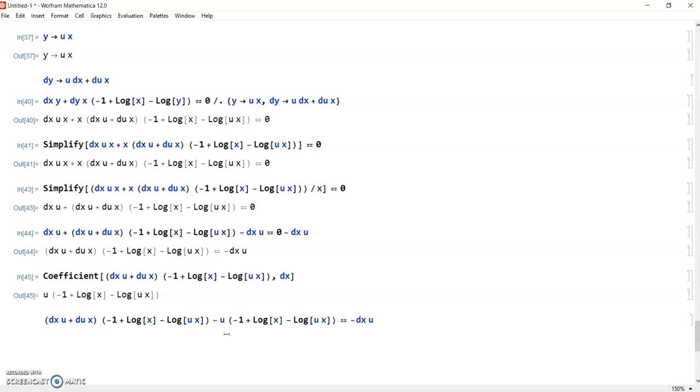Control V, I enclose it in the bracket, and then times dx. Okay, and then the same on the other side.